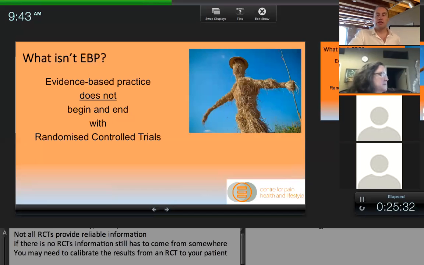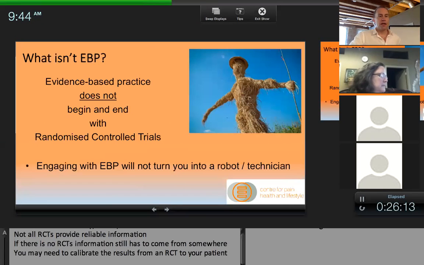And it really is a straw man. Okay, it's really attacking something which isn't the point, and was never meant to be by the people who came up with the idea. Which is not to say that RCTs aren't important. They provide a particular type of information. And again, Neil will talk more about that later on today.